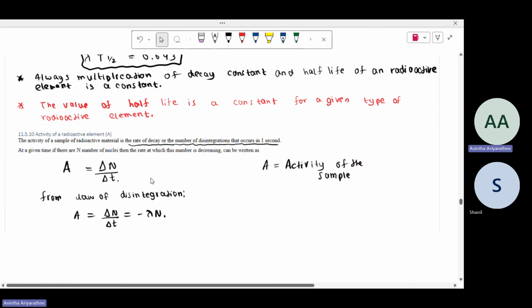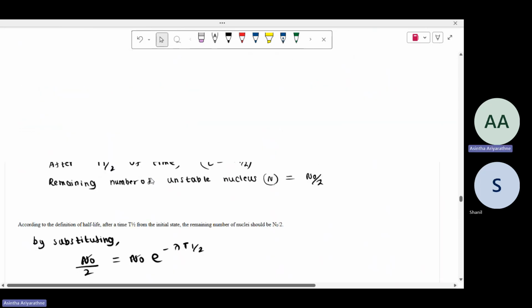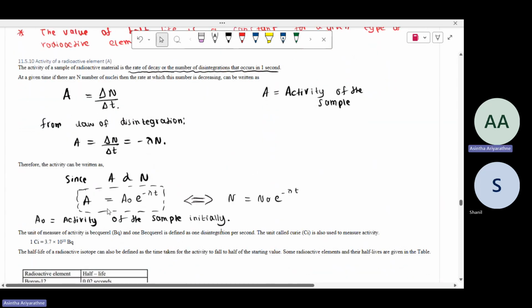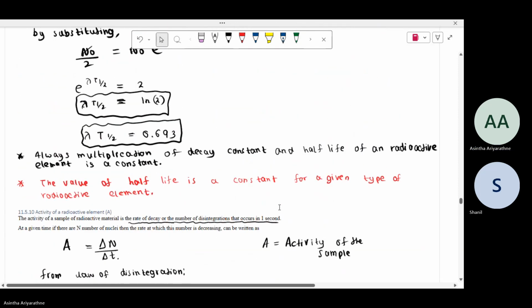Then this expression, A is equal to A naught e to the power minus lambda t, comes from n is equal to n naught e to the power minus lambda t, because A is proportional to n. Therefore, we can obtain it from that expression.